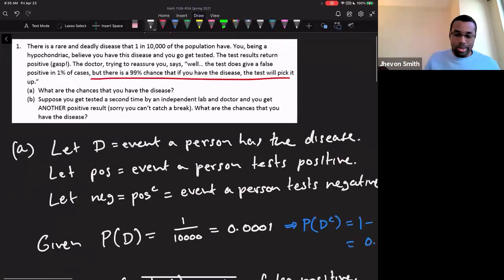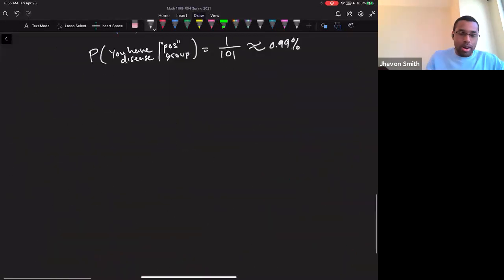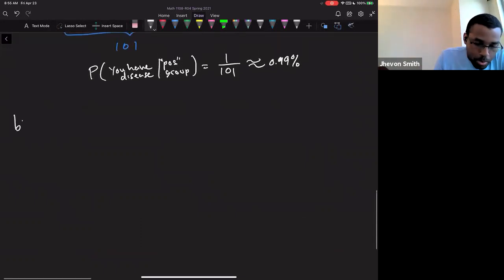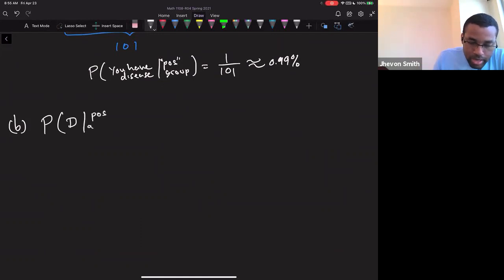So in part B, we want the probability you have the disease given that you test positive a second time.